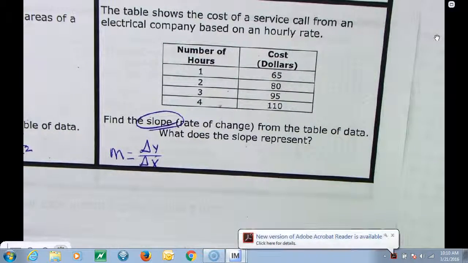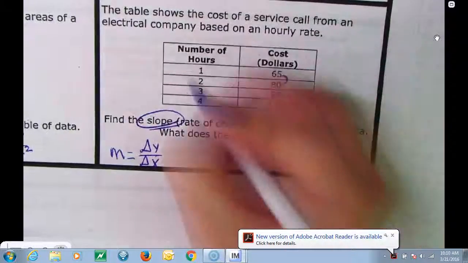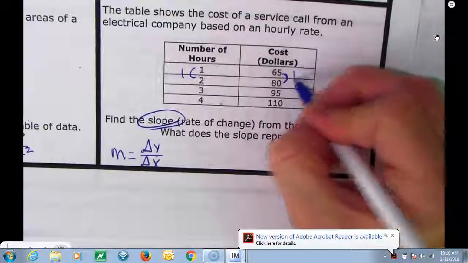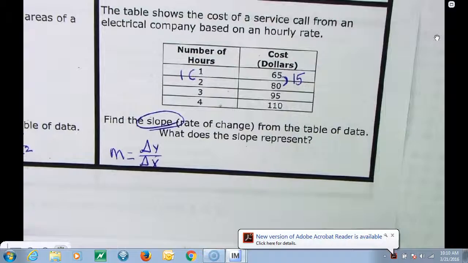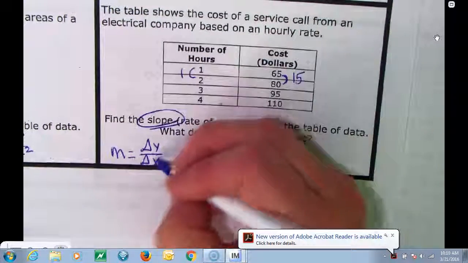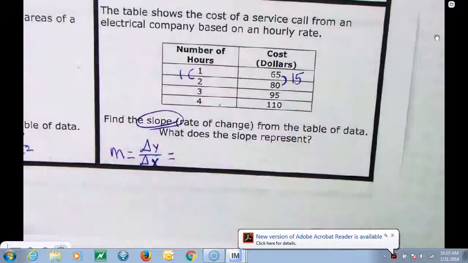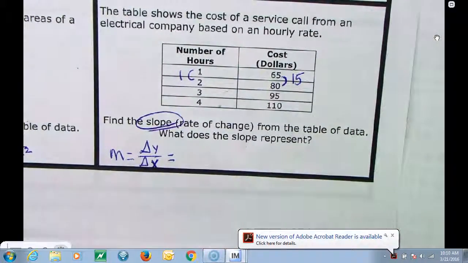Changing Y over changing X. Okay, what's it going to be? 15.